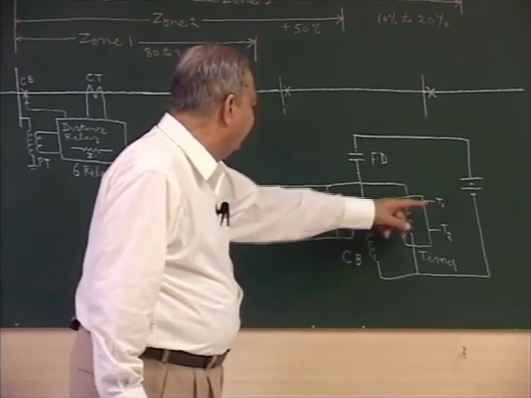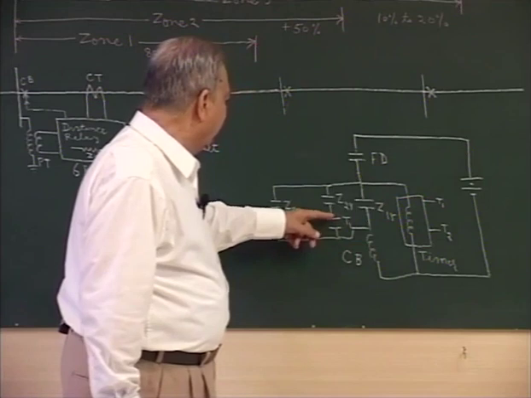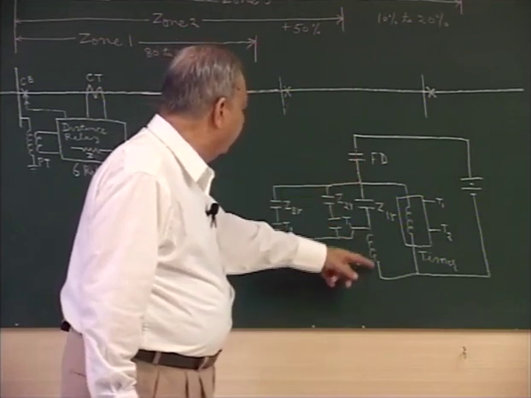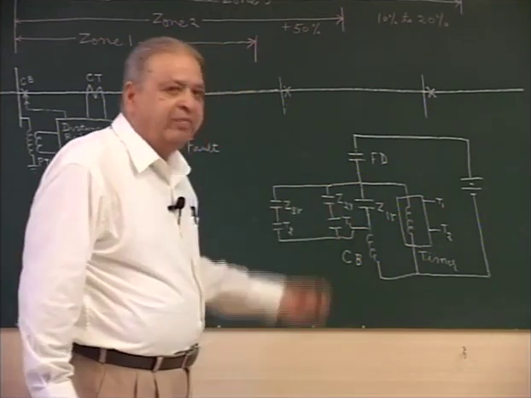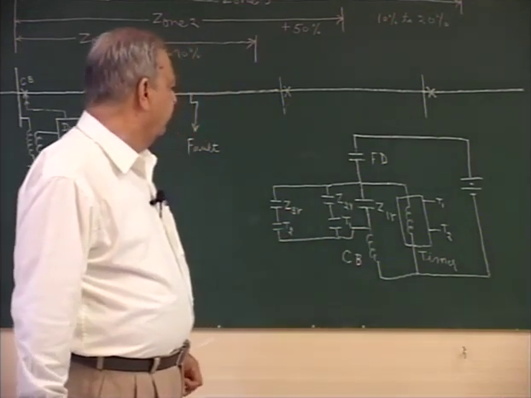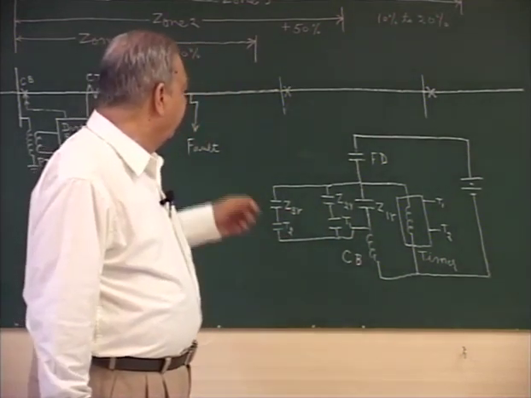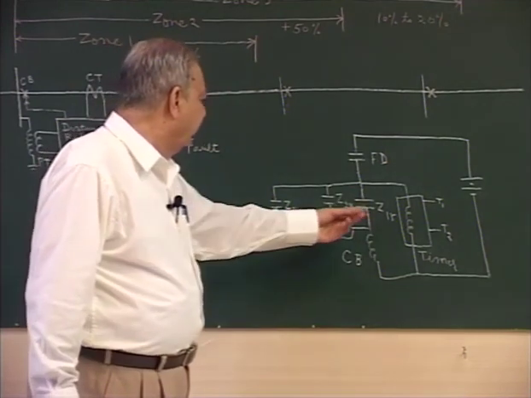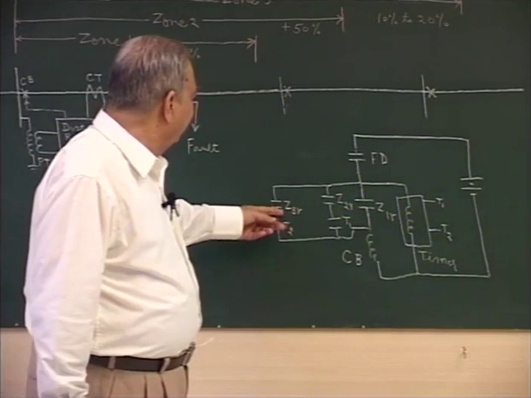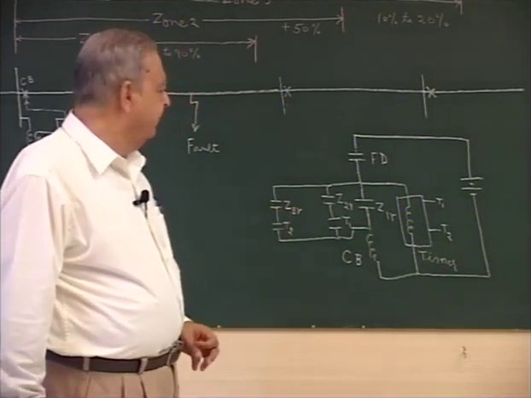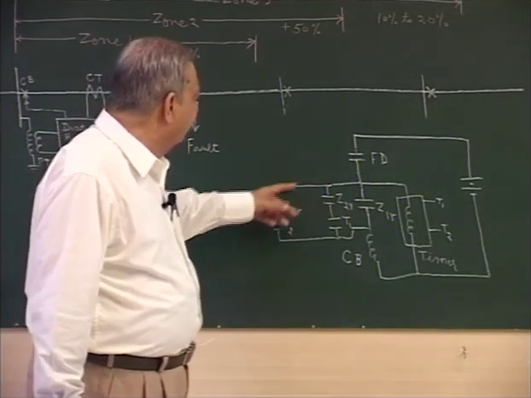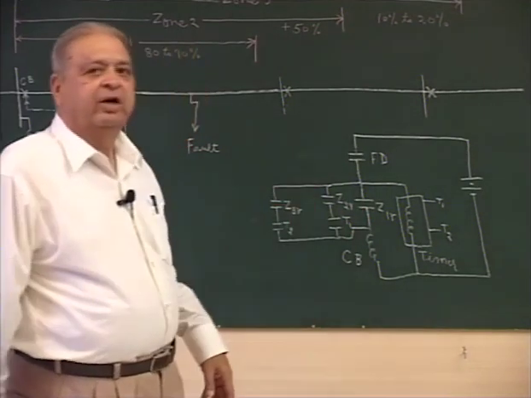After elapse of time T1, this will close, and the supply will be available to the circuit breaker after T1 time delay, and this will trip the circuit. In case the fault is still far away, not detected by these settings, then in this setting it will be detected. So this will be closed after T2 seconds, and then the supply will be made available to the circuit breaker.